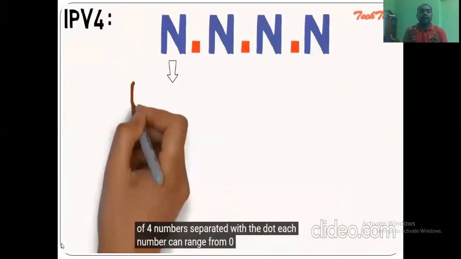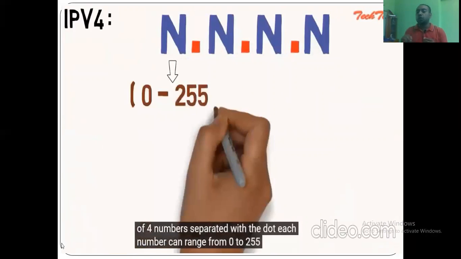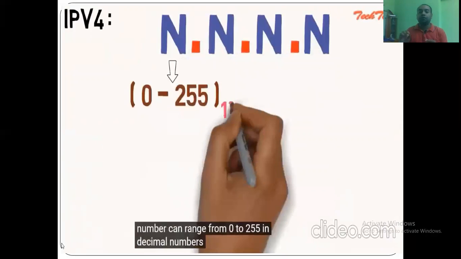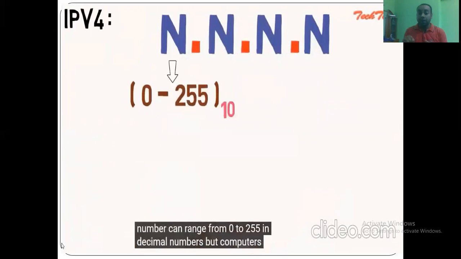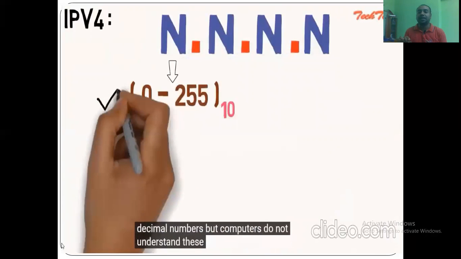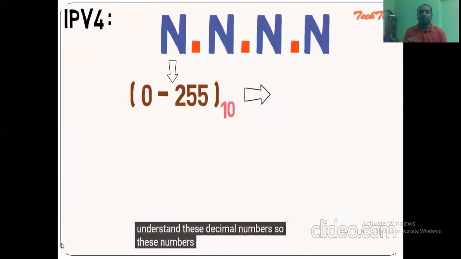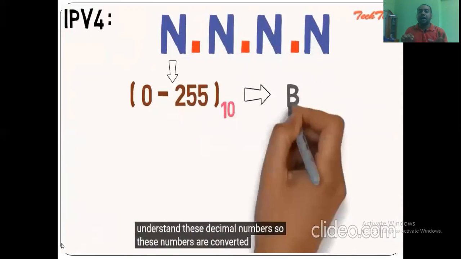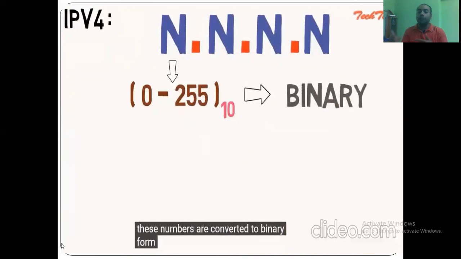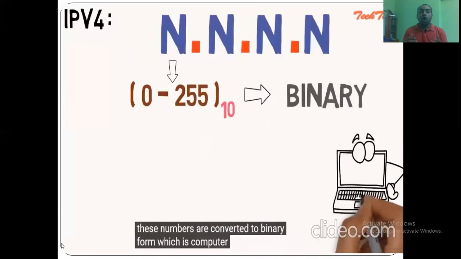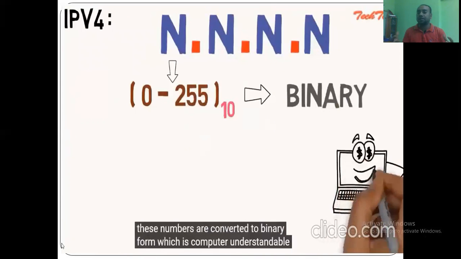Each number can range from 0 to 255 in decimal numbers, but computers do not understand these decimal numbers. So these numbers are converted to binary, which is computer understandable.